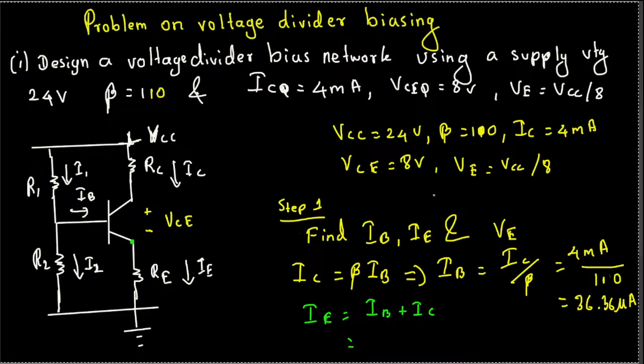And we know the IB, we just found out the IB, right here, 36.36 microampere, plus the IC current, that is 4 milliampere. 4 milli is 4 times 10 to the power minus 3.